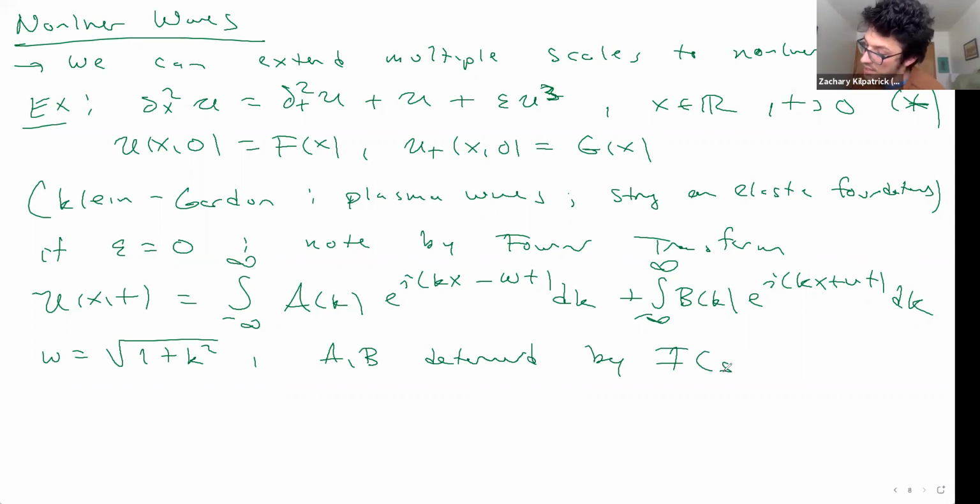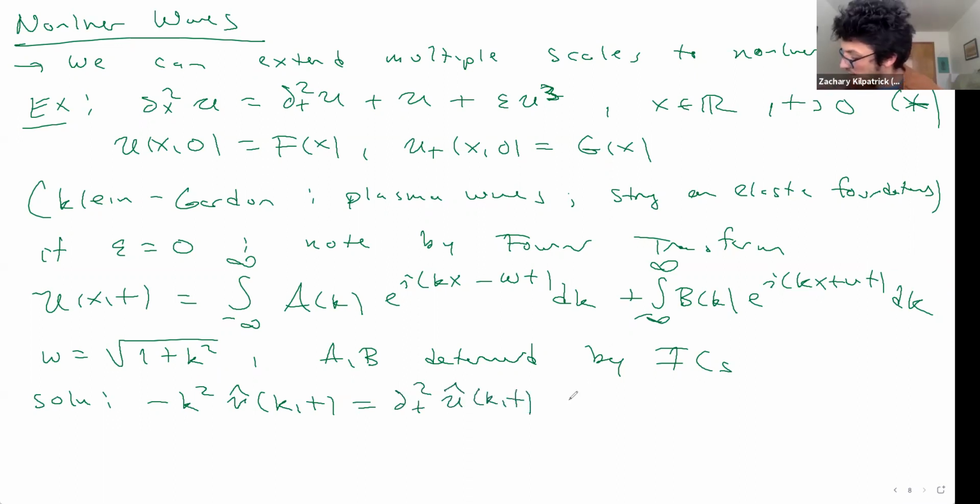So one way to see that is if we write this out, we have minus k squared u hat(k,t) is equal to d squared/dt squared u hat(k,t) plus u hat(k,t).